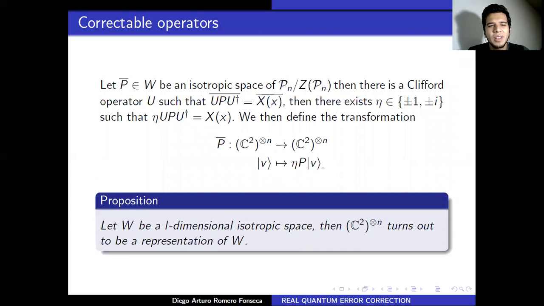Okay, so now, as we are going to work in the quotient, it's important to define how the quotient acts on an n-qubit space. For this, we will use our Clifford operators.